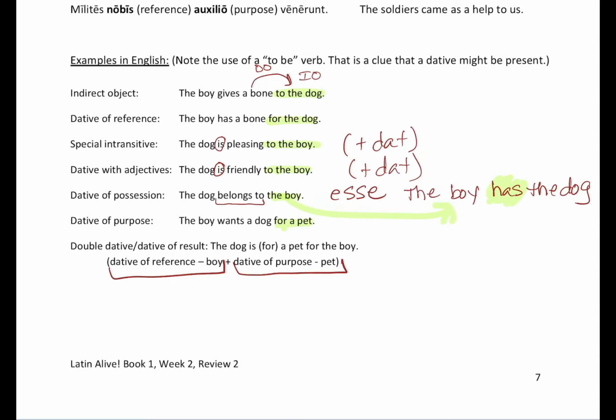So the dative of reference, so the dog is for a pet for the boy. And that sounds a little awkward, but it's totally right. So for the boy would be dative, because it refers to what he's for. Remember, this doesn't have an action verb this time, right? And for a pet. What's the pet's purpose? This is also in the dative. The purpose of the dog is for a pet. So the dog is not in the dative, but for a pet and for the boy would be in the dative.